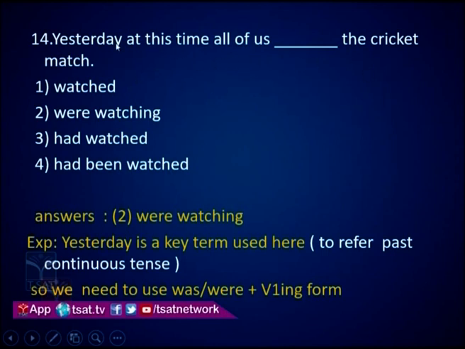Because it is yesterday, it should be in past tense only. So you have to fill the next part of the sentence using past form of verb. We need to use was or were plus ing form. Because "us" is there, plural is there, you have to use a plural verb. Yesterday at this time, all of us were watching the cricket match. So the correct answer is were watching.